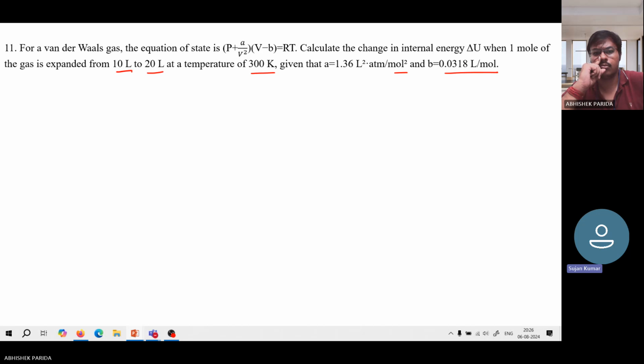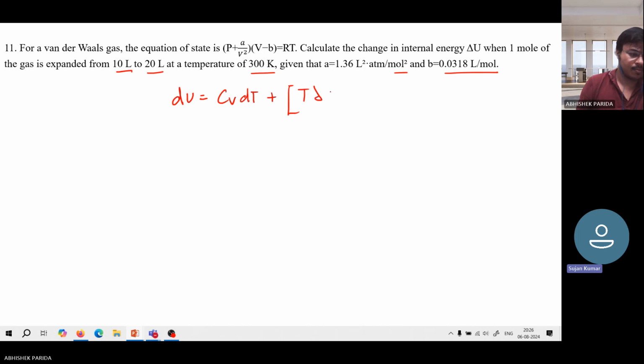We need to take the general del U equation, CV dT plus T into dou P by dou T at constant volume minus P dV. Here, pressure equals RT by V minus B minus A by V square.